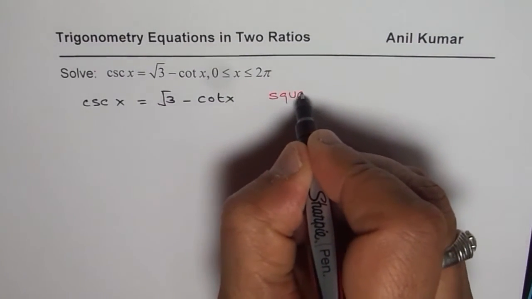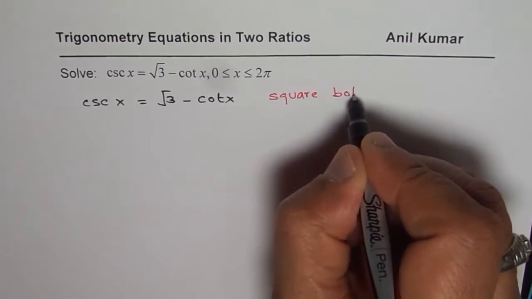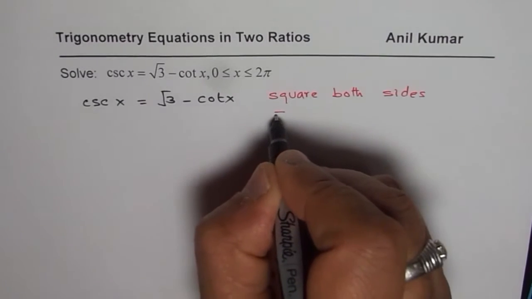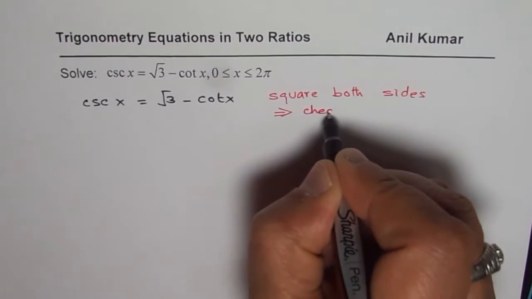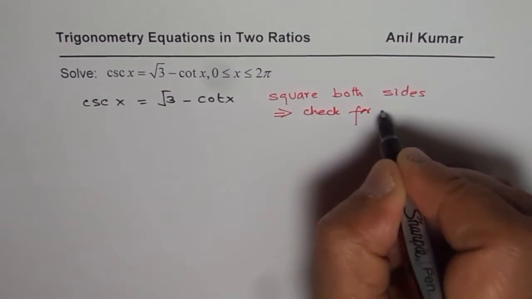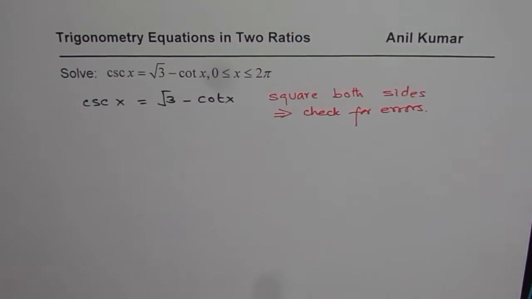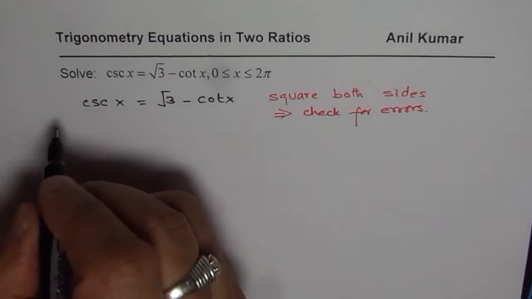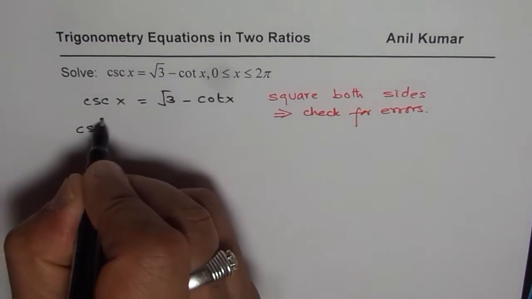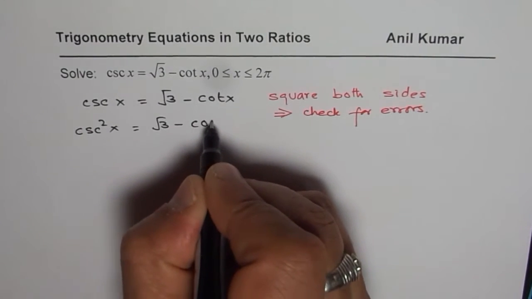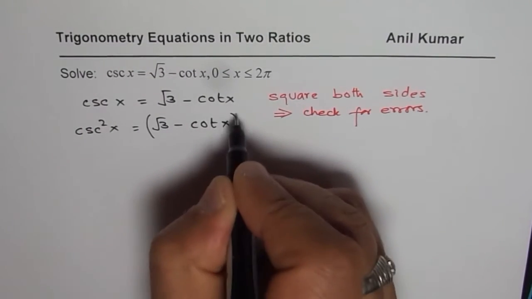So you need to check for errors when you write down the answer. So that's a caution. When you square both sides, you get cosecant square x equals square root 3 minus cotangent x whole square.